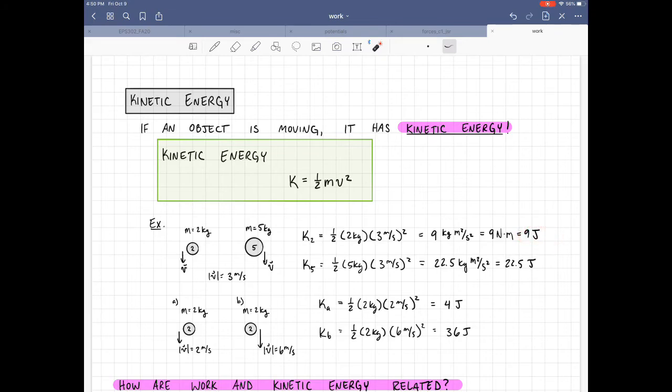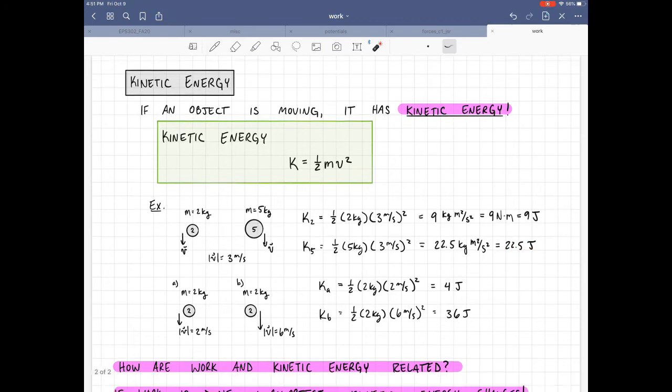So now let's look at an object that's more massive, right? 2.5 times more massive, moving with the same speed. What's the kinetic energy of the 5 kilogram object? So 1/2 mv squared, we end up getting 22.5 joules. So we increase the mass by 2.5 times, we increase the kinetic energy by 2.5 times.